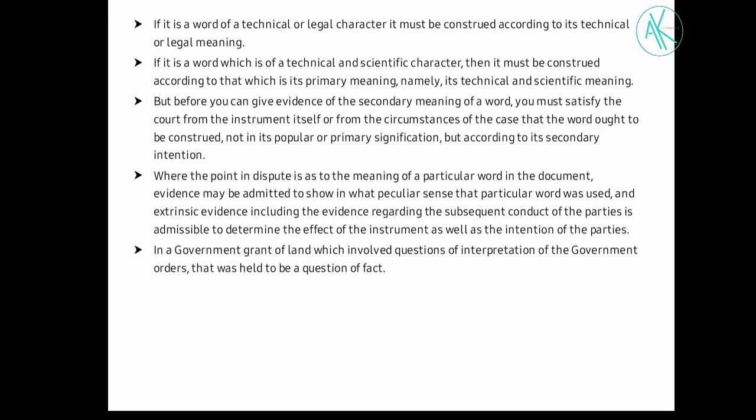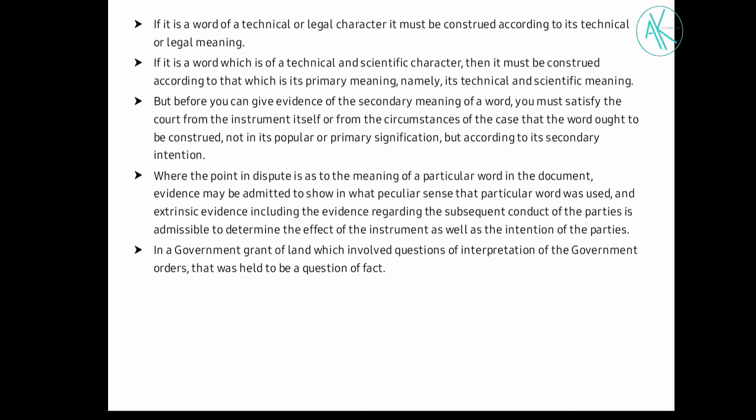But before you can give evidence of the secondary meaning of the words, you must satisfy the courts from the instrument itself or from the circumstances of the case that the words ought to be construed not in a popular or primary significance, but according to their secondary intention.